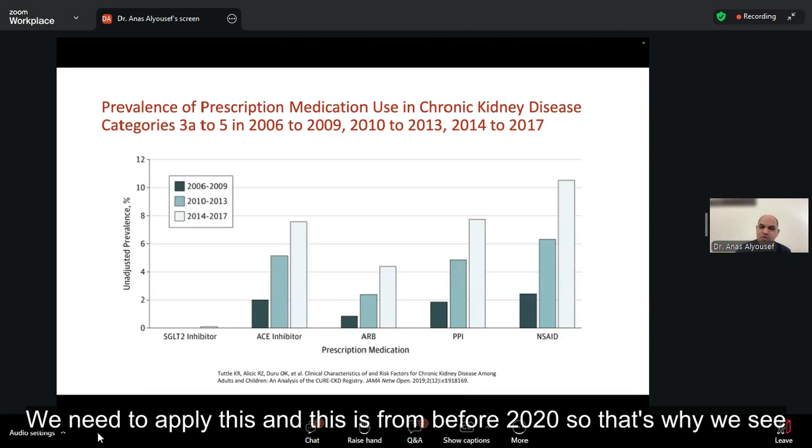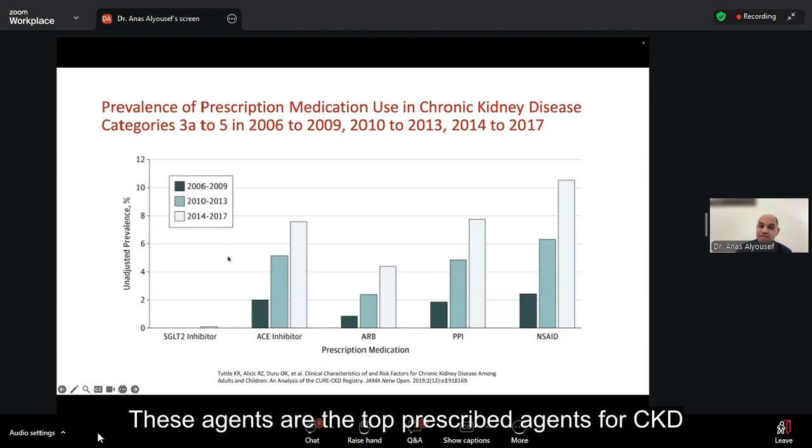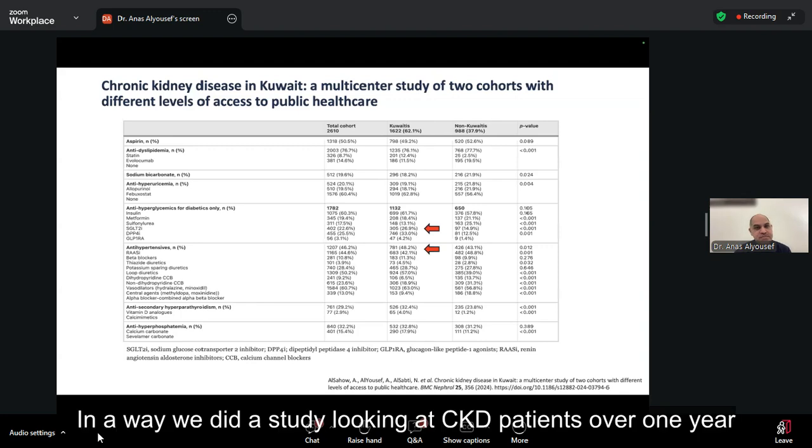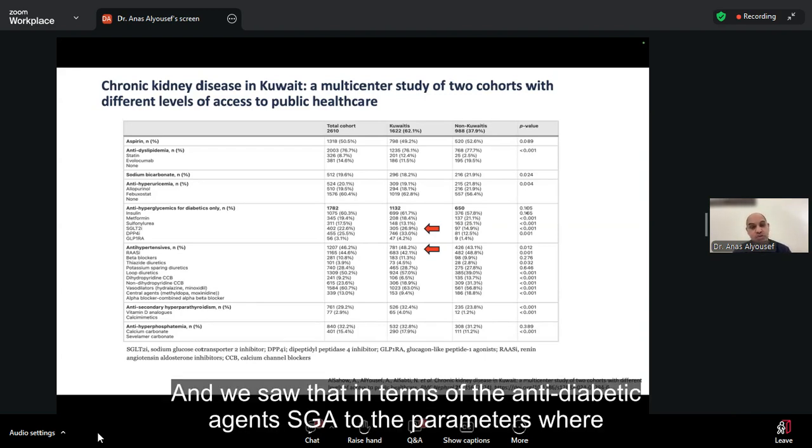So we need to apply these, and this is for between before 2020. So that's why we see very less use of SGLT2 inhibitors. But hopefully we see the graph that these agents are the top prescribed agents for CKD patients. In Kuwait, we did a study looking at CKD patients over 1 year, like a cross-sectional study in 2022.